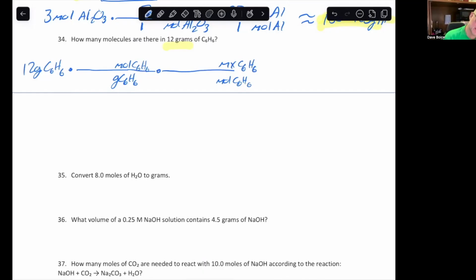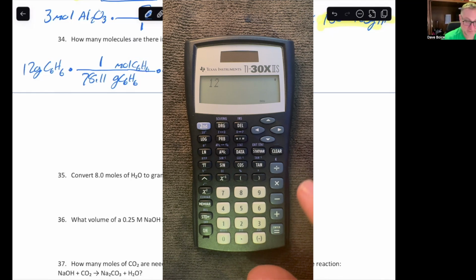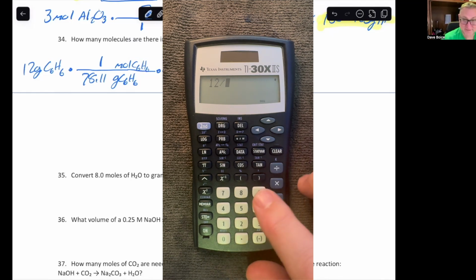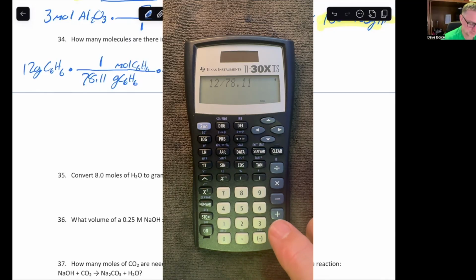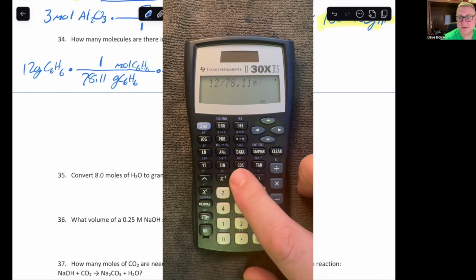Grams of C6H6. If I add up 6 carbons and 6 hydrogens, 78.11 grams is equal to 1 mole, and 1 mole of C6H6 or anything is 6.02 times 10 to the 23rd. So in my calculator, I'm going to do 12 divided by 78.11 and then multiply that by 6.02 times 10 to the 23rd.